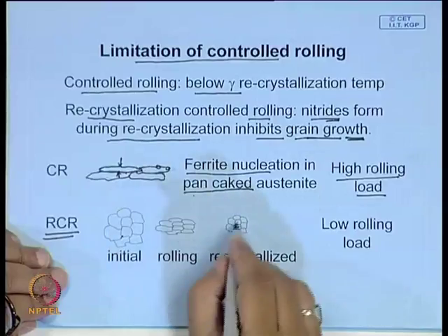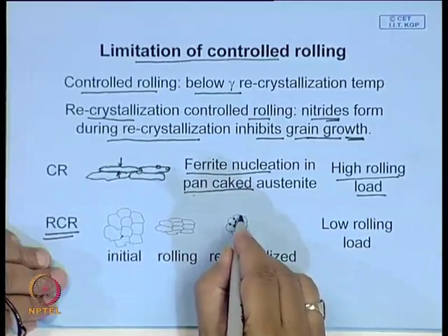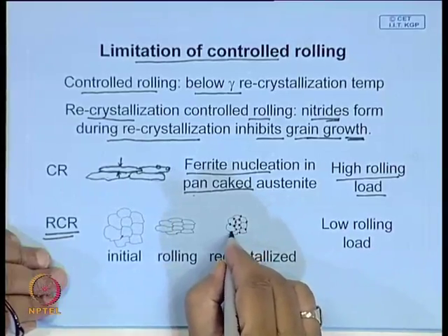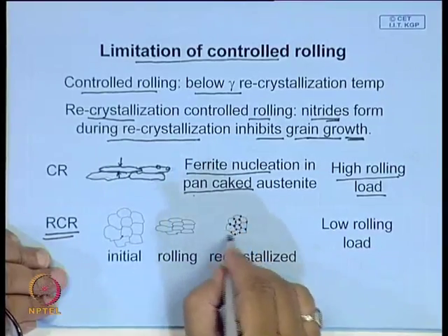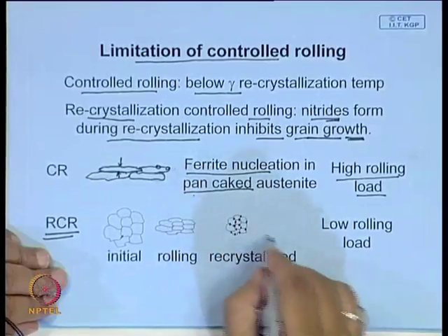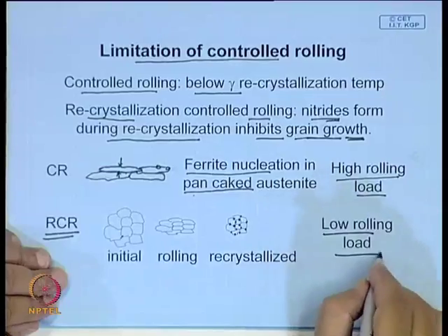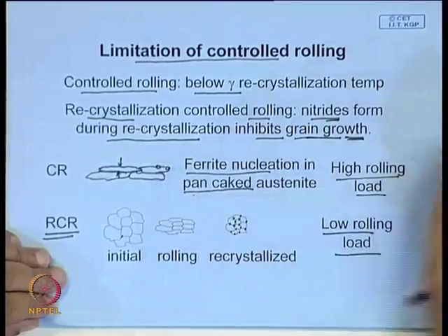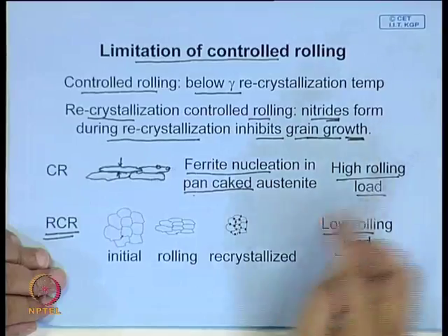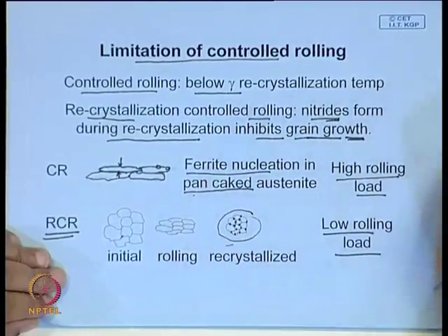You roll initially and then it is recrystallizing, and that is the time if these precipitates form, they will form here and block these grains, not allowing them to grow. So, you have fine recrystallized austenite, your rolling load is low, your finish temperature is a little higher, and you are finishing the rolling in the temperature zone where this precipitation takes place.